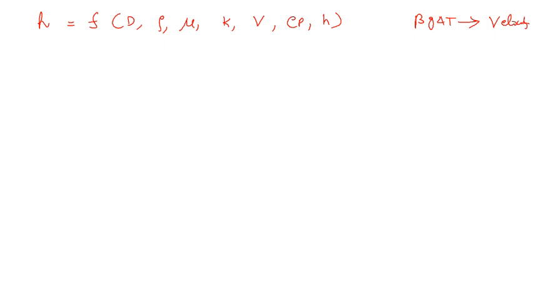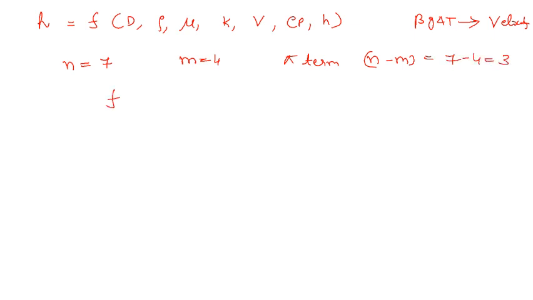The total number of variables is n equal to 7 and fundamental dimensions m equal to 4, so the number of dimensionless parameters is n minus m, that is 7 minus 4 equal to 3.